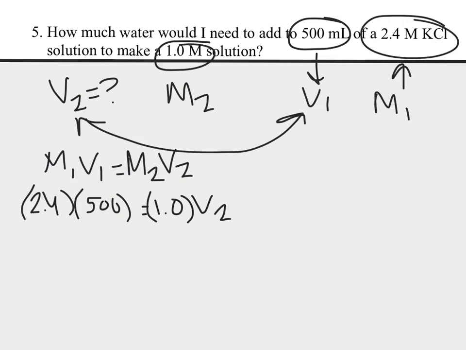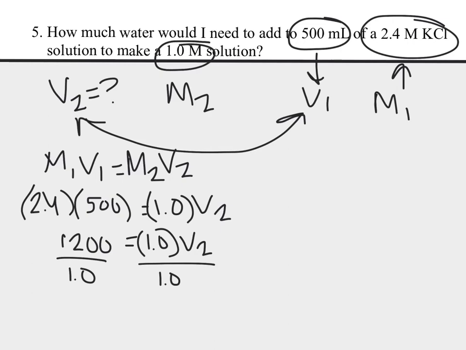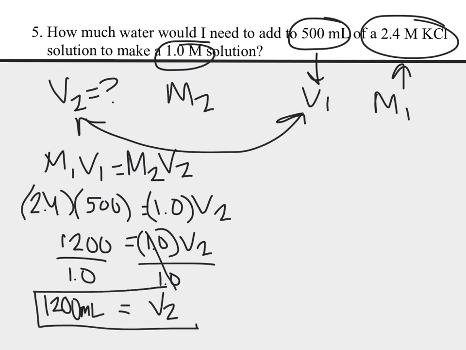If we do 2.4 times 500, it ends up getting us 1200 equals 1.0 V2. I think we all know if we divide by 1.0 to both sides, it really doesn't change anything, and we end up getting this. A volume of 1200 milliliters is what the new 1 molar solution would be.